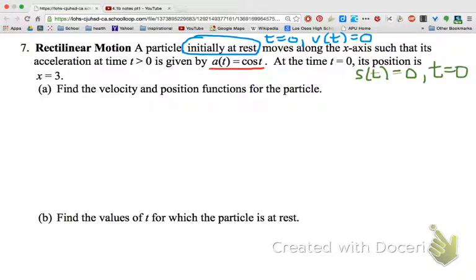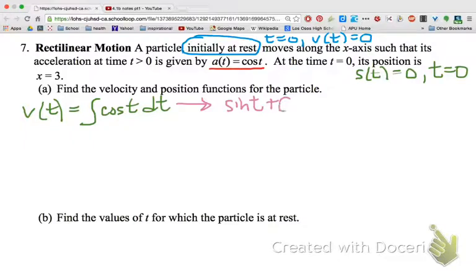So let's see. I'm supposed to find the velocity and position functions. So I know to get to velocity, I can take the integral or antidifferentiate the acceleration. And the antiderivative of cosine is sine. So my velocity function is sine of t plus c.